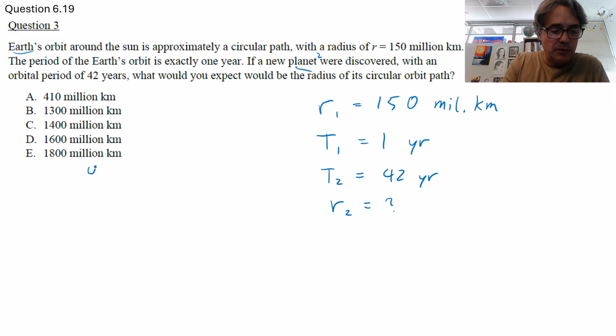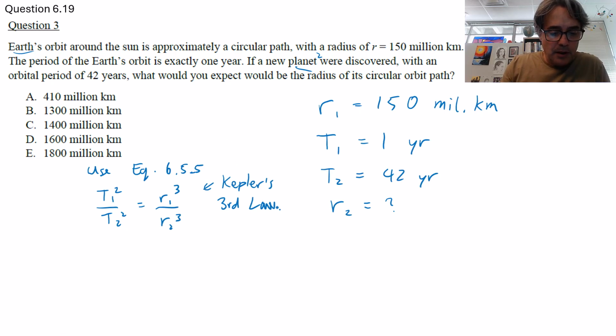And for this, we're going to use equation 6.55 from the textbook, which states that T1 squared over T2 squared equals R1 cubed over R2 cubed. This is Kepler's third law. And you can solve it for R2.